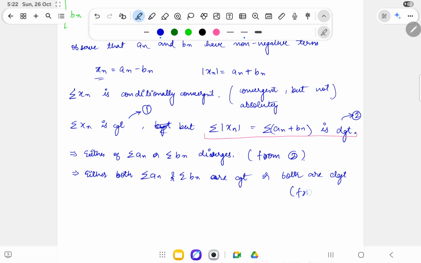Now if both an and bn are convergent, then it is a contradiction to the previous step.